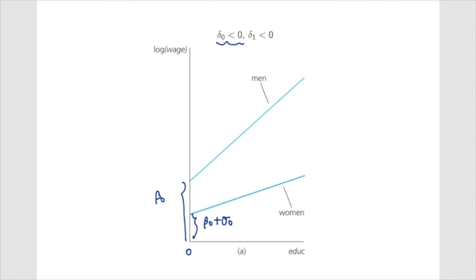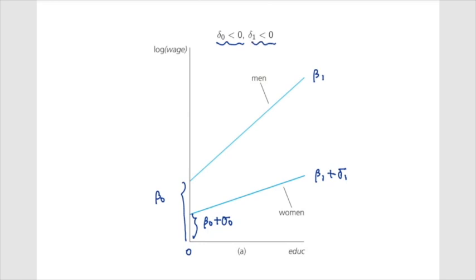Besides this fixed wage difference at any level of education, the marginal return for education is also different for men and women. Here, the slope for men's education is beta 1, but the slope for women's education is beta 1 plus delta 1.